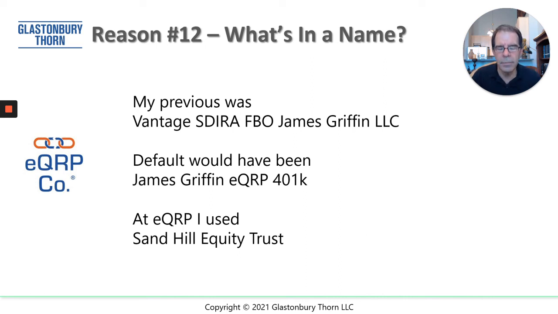There are a couple of other very experienced investors that I personally know who do a lot of work inside of retirement accounts, and they also don't like the name to explicitly show that it's a retirement account. Nobody needs to know that. So this is my benefit number 12, my ability to get out of this name and move to a more generic name.